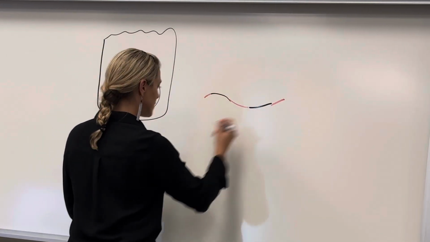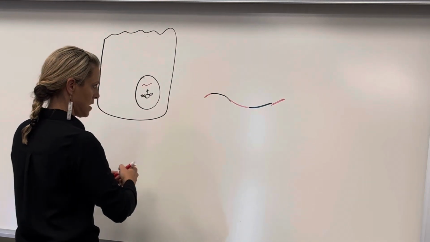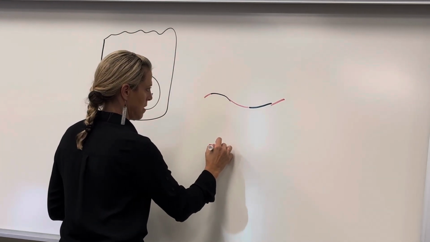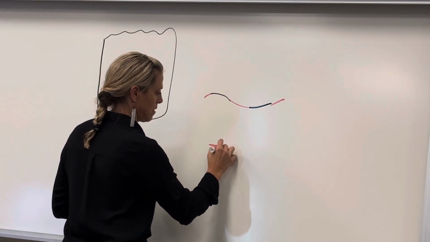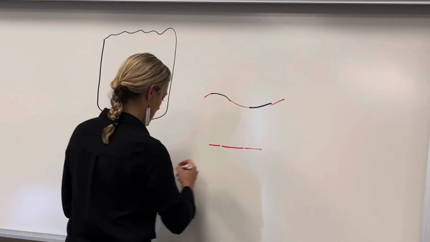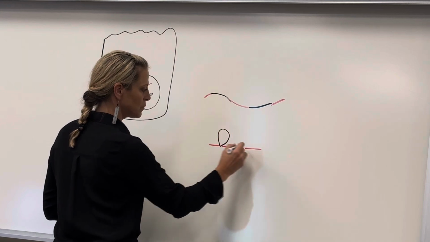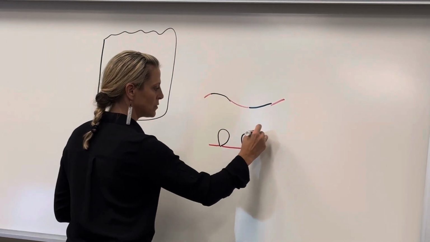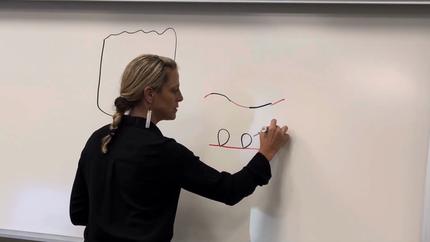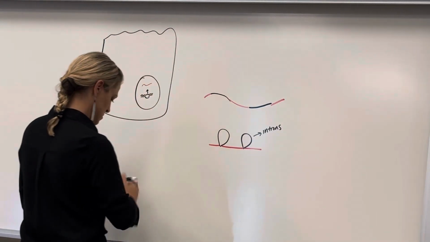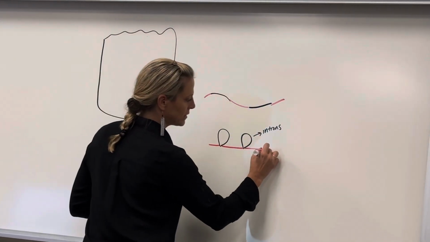This is still in the nucleus. They're called spliceosomes, and they splice out those introns. These are exons.